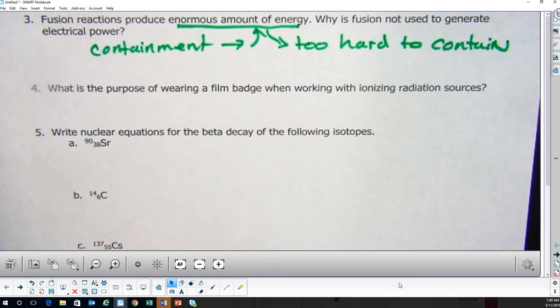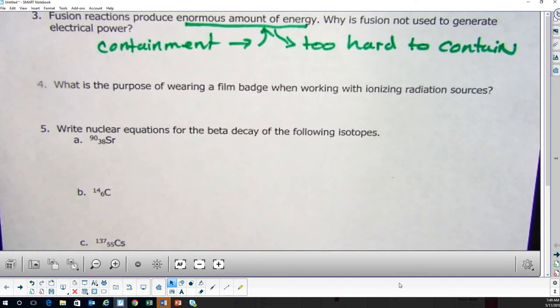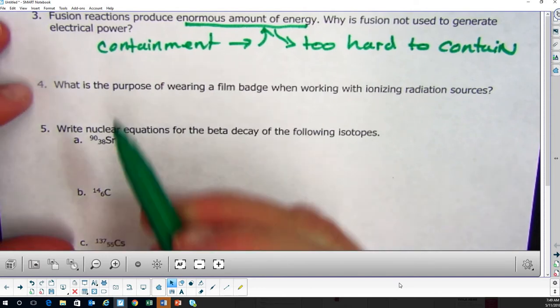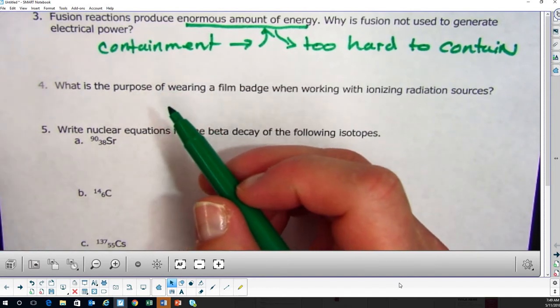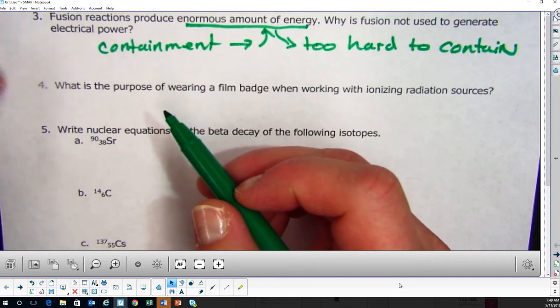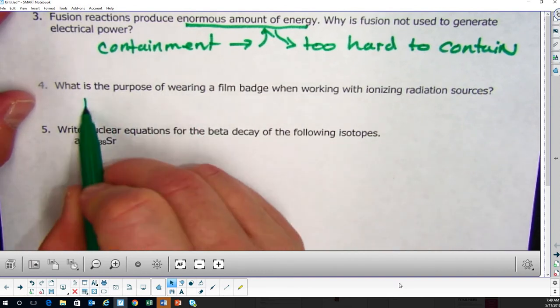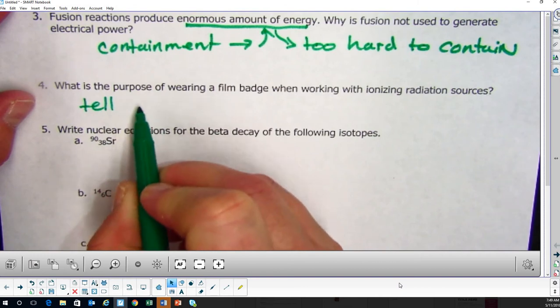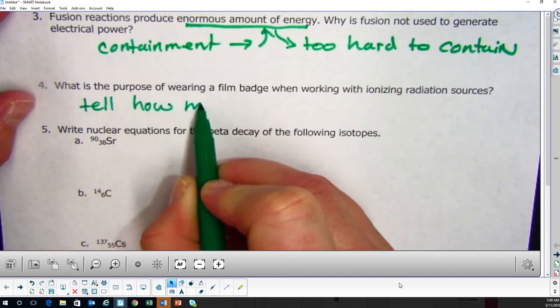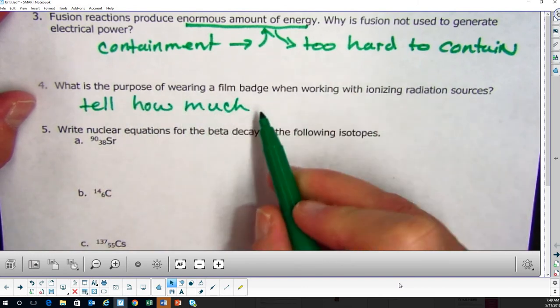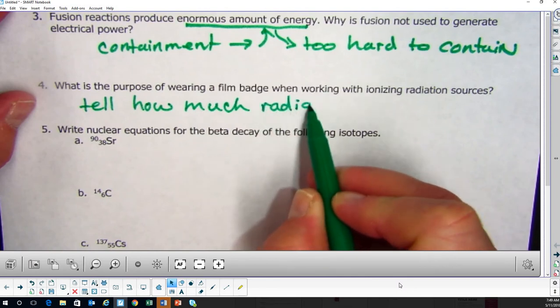So if you're at the hospital and you're not doing things correctly and you're working in the X-ray, your film badge is going to show that you've been exposed too much. So that's the purpose of it. So you can, quantitatively, how do we want to put that? You can tell how much radiation you've been exposed to.